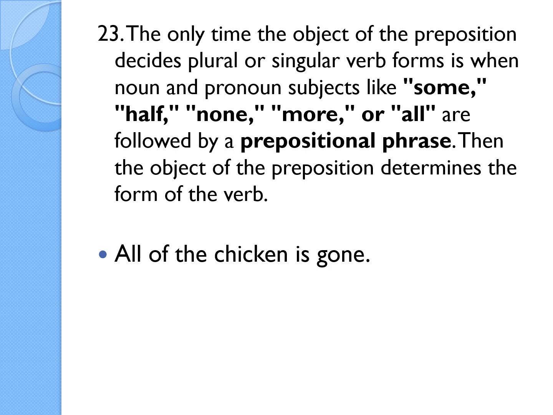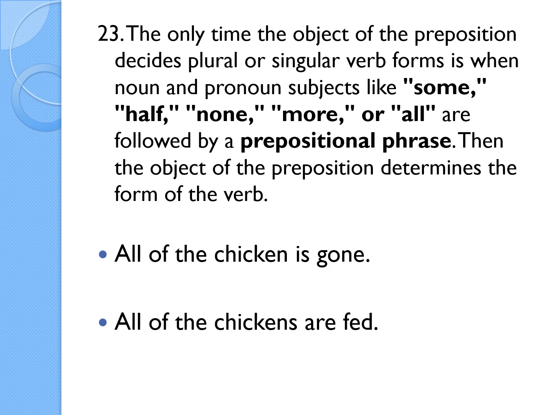Example: all of the chicken is gone. We use the pronoun all, but the prepositional phrase is of the chicken. It's singular, so we use a singular linking verb. But here, all of the chickens are fed. We use all, but the prepositional phrase is of the chickens.